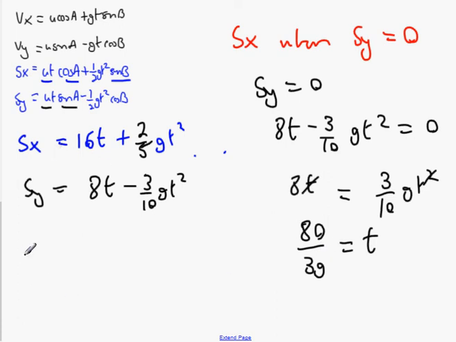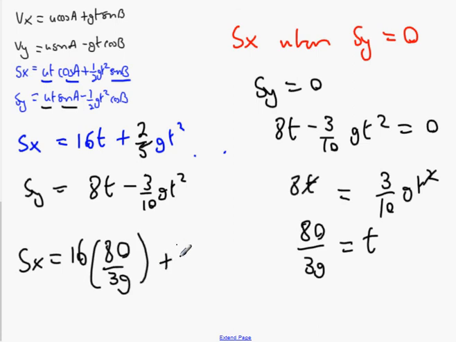So sx is going to be 16 multiplied by 80 over 3g plus 2 over 5 g times t squared, which is going to be 80 over 3g squared.